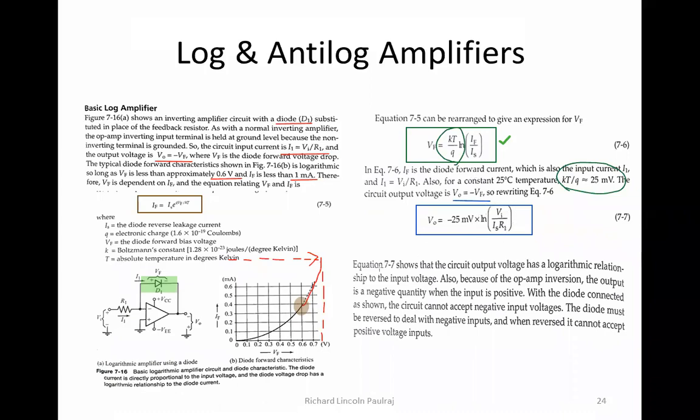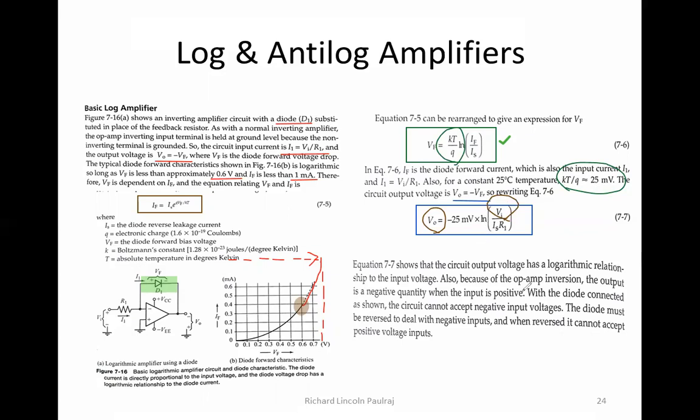This equation shows us that the circuit output voltage has a logarithmic relationship to the input voltage. The output is here and the input is here, and both are related with the help of this logarithmic function.